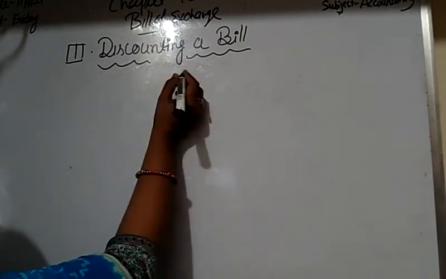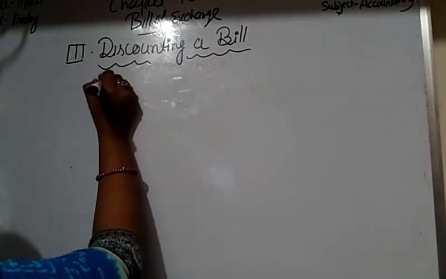So students, X is the seller and Y is the purchaser, meaning customer. X we call the drawer and Y is the drawee. X drew a bill upon the name of Y, and at that time X discounted the bill from his bank at the rate of 6%. Now we are passing the journal entry in the books of both X and Y.